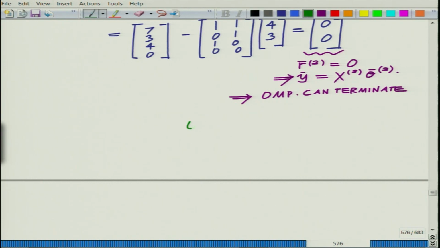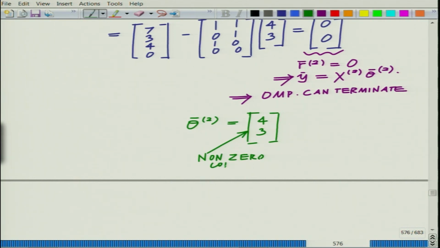Now look at this, we still have one step left. Remember theta bar 2 is basically these coefficients, but these are the non-zero coefficients, this is not theta bar, because theta bar will contain many zeros.